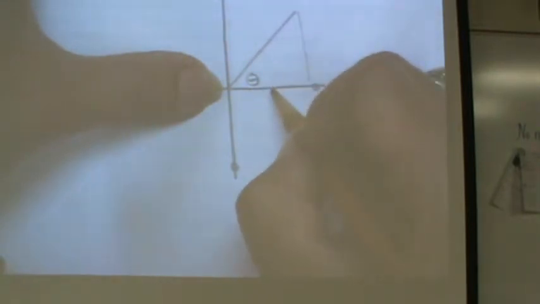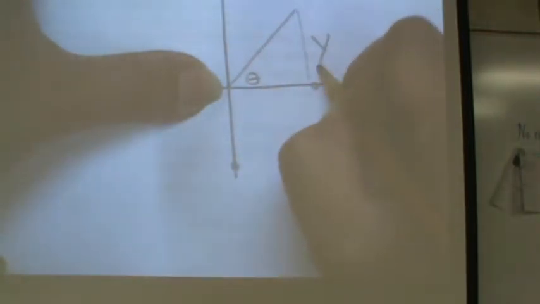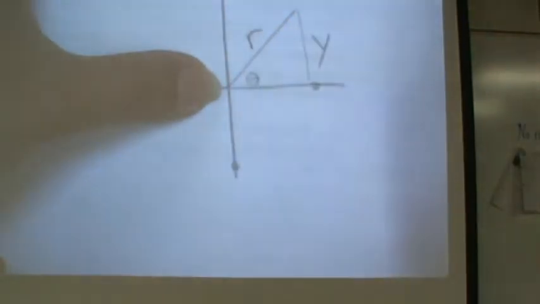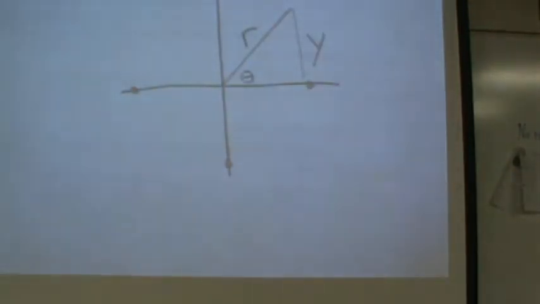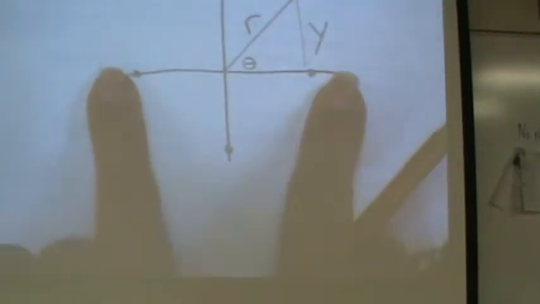Okay, so if you remember sine is opposite over hypotenuse, think of it as the y value over the r value. So over here, it's the y value over the r value. Here it's the y value over the r value. So that's why you need to know if you're on an axis. If you're on an axis, you use the y over the r, or the x over the r, or the y over the x. If it's in between, anywhere else besides these locations, then you're going to use side opposite over hypotenuse. Does that make sense?